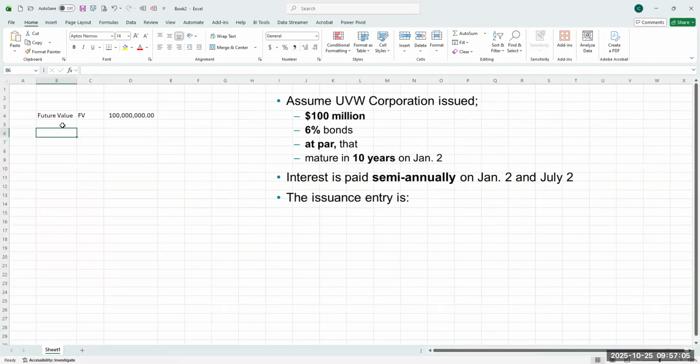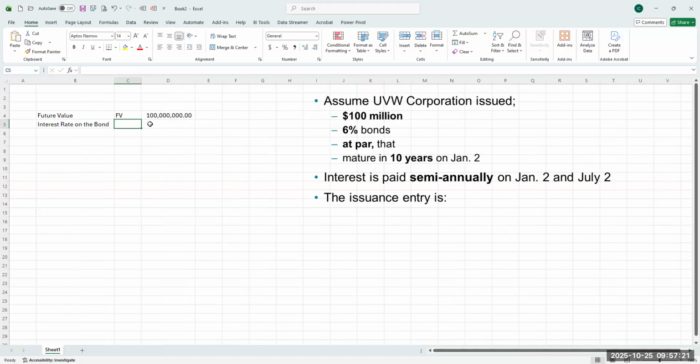Then we're going to have interest that we have to pay, the interest rate on the bond. The interest rate is 6%. So how much is the payment that we have to make?